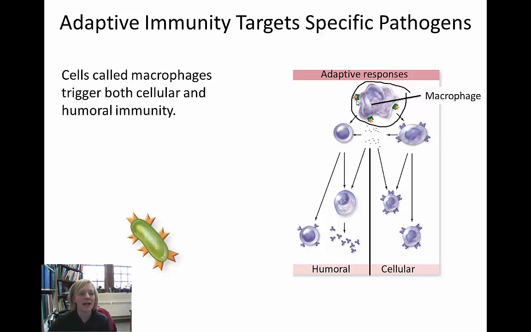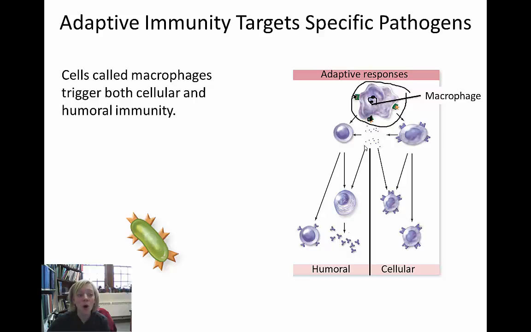The macrophage, after it engulfs one of those pathogens, so here's my bacterium inside this macrophage, will tear that pathogen apart and put antigens on the surface of the cell. You can see these antigens being displayed here on the cell surface.